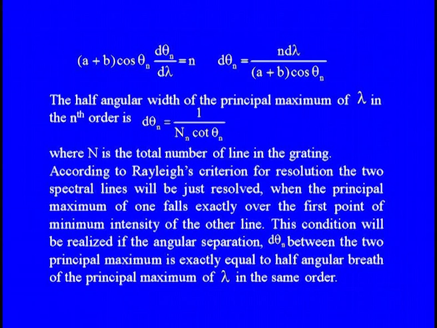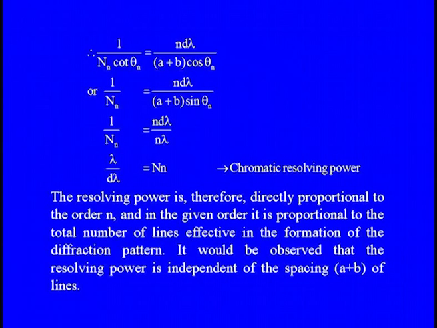This condition will be realized if the angular separation d theta n between the two principal maxima is exactly equal to half angular breadth of the principal maximum of lambda in the same order. So, 1 over capital N into small n cot theta n should be equal to n d lambda upon (a plus b) cos theta n.